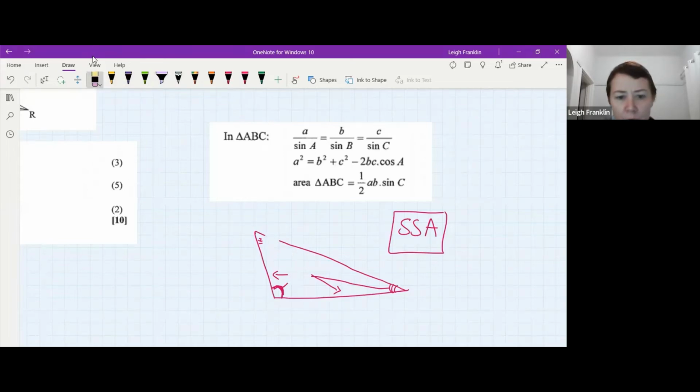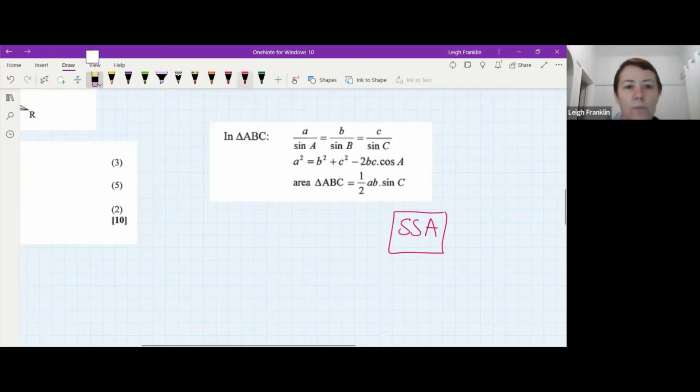Let's just draw ourselves another triangle.